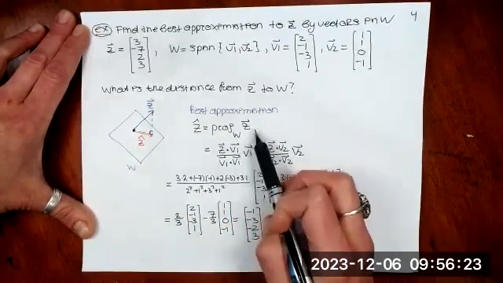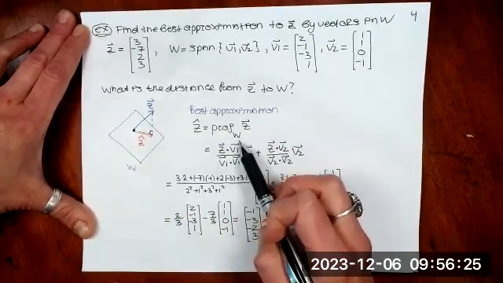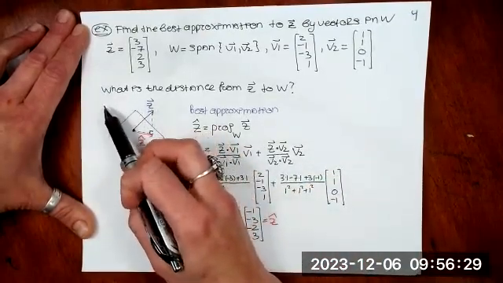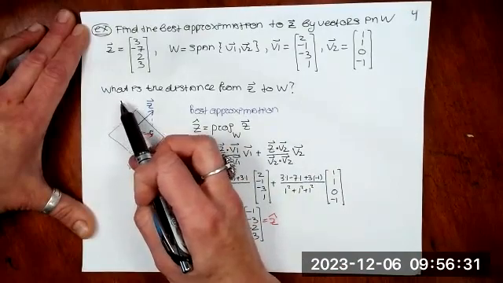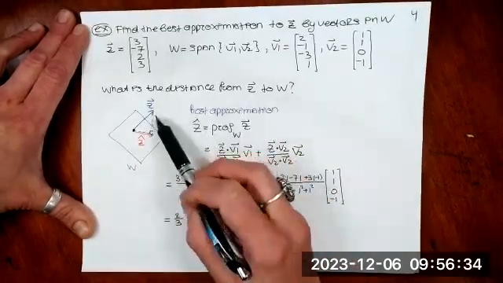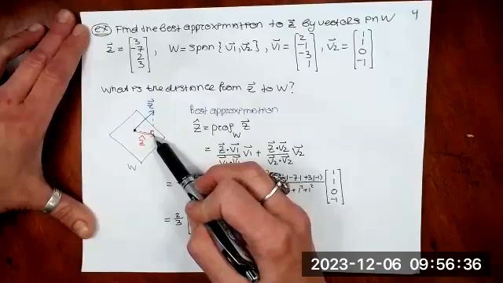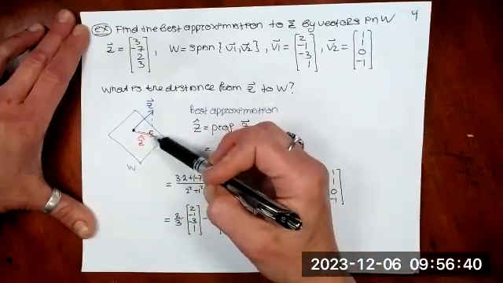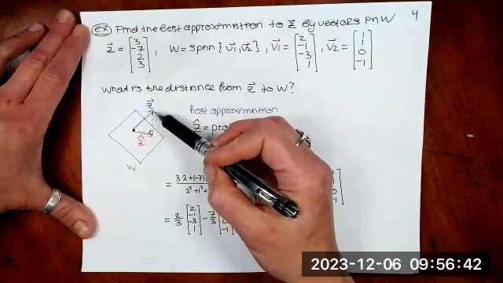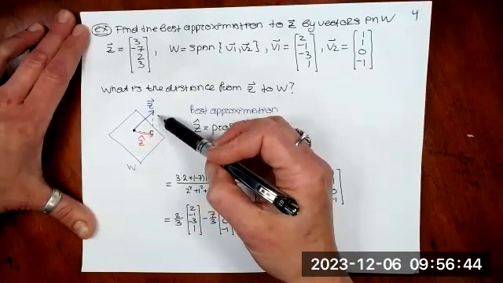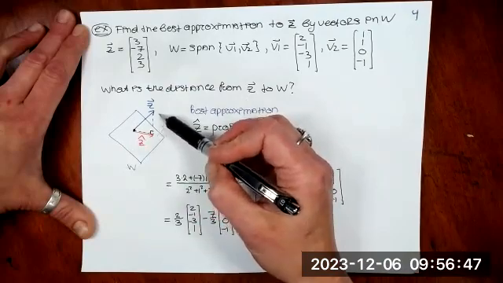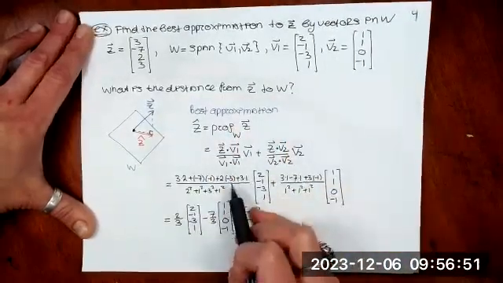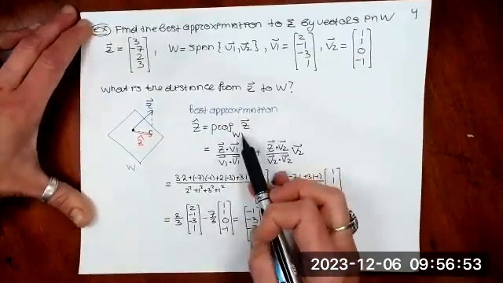We can compute this, but you could also be asked what is the distance from z to W. This would be a similar solution because you again need to find your projection onto W and then find the length of the orthogonal component. So we'll deal with the first part first. We're doing the best approximation, so projection.